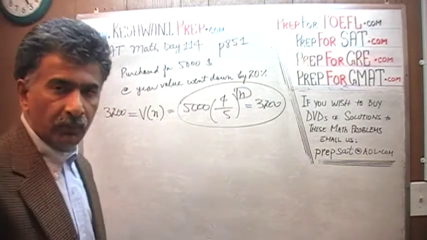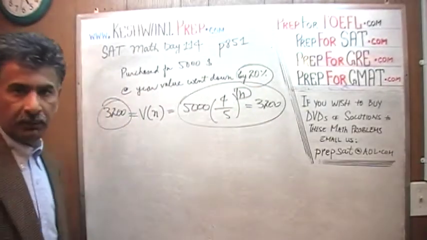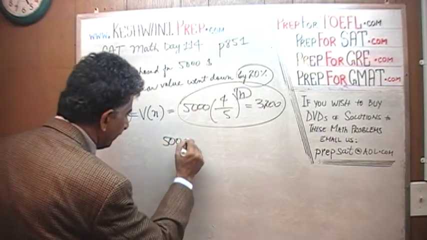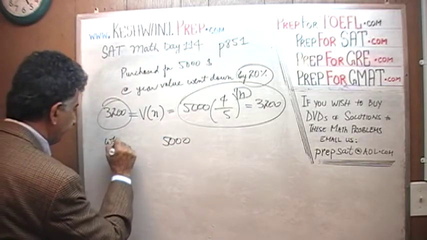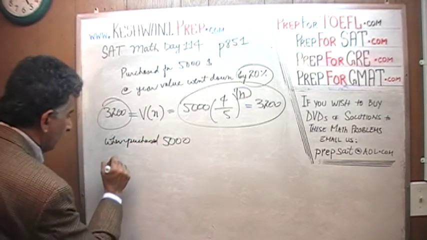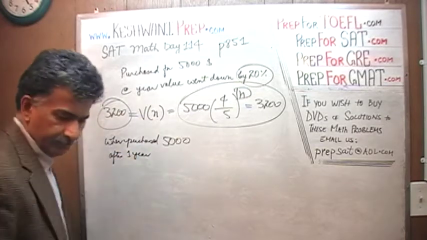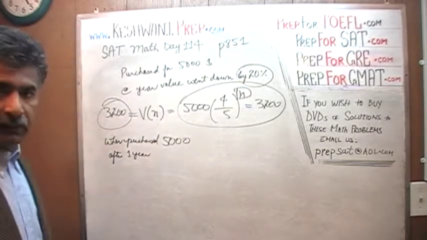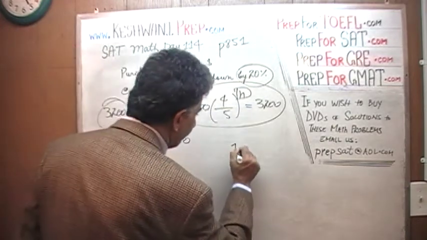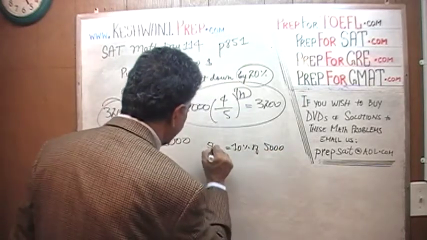We're just going to keep on going, and each year we're going to reduce it by 20% until we get to 3,200, and we're going to ask ourselves how many years it took. So let's begin. $5,000 when purchased. After 1 year, it's going to drop by 20%. 10% of 5,000 is 500.